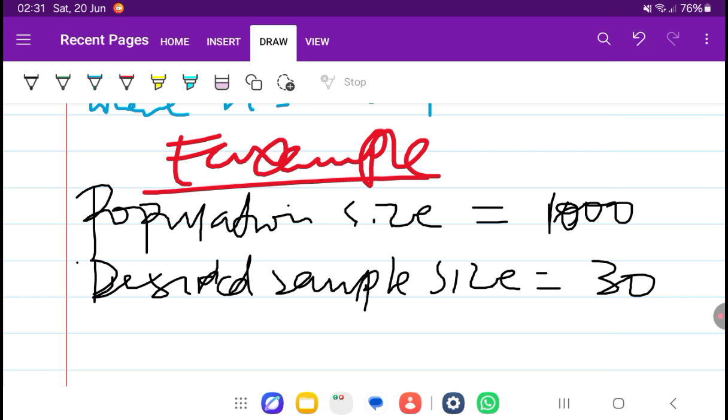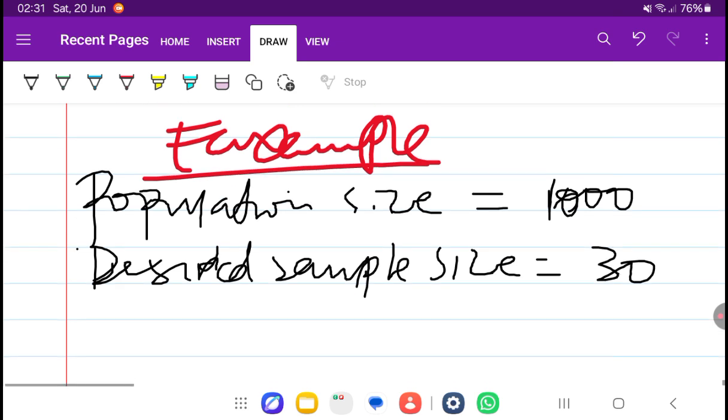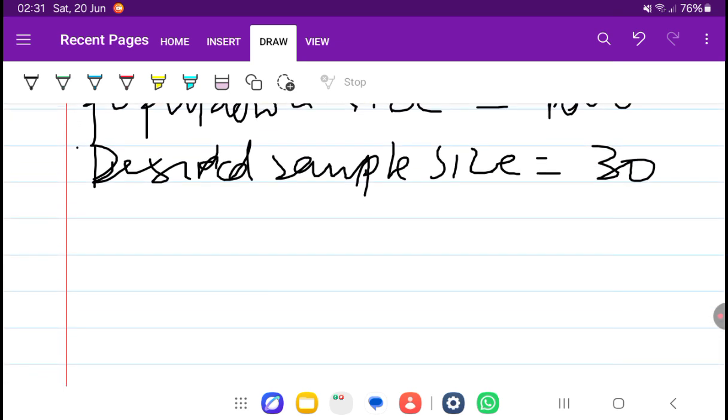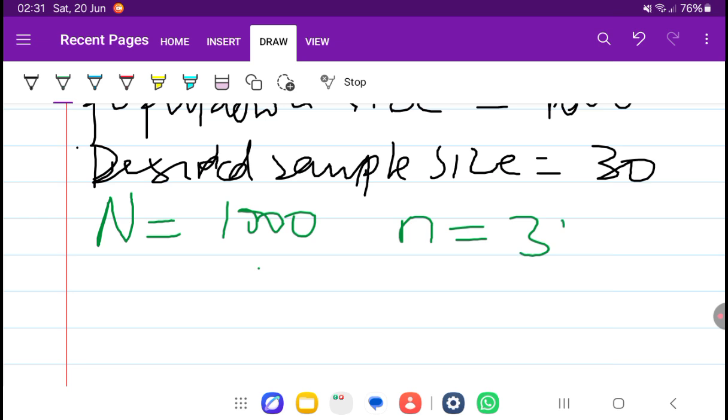So let's now see how we can form that sample. Of course, we have got our capital N, that is the population, which equals 1000, then our small n, which is the sample size, equaling 30.